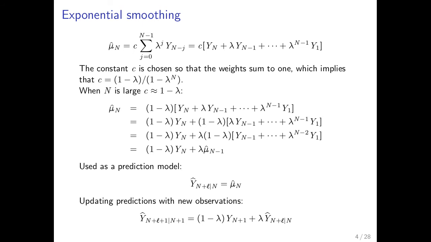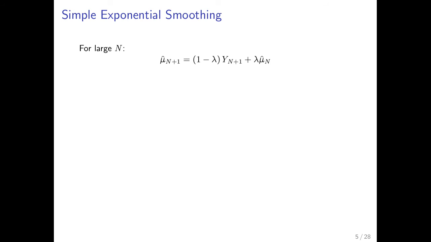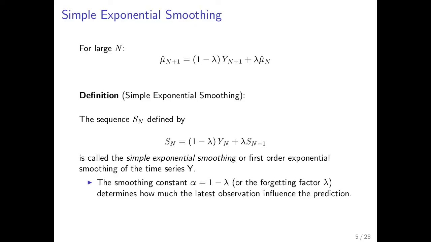And you only update it when you have a new observation. That's the essential bottom line. So for large n, this is what you do. And that's what I expect you to do, so to speak.